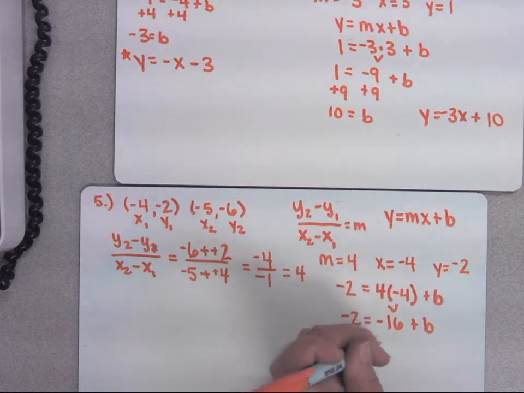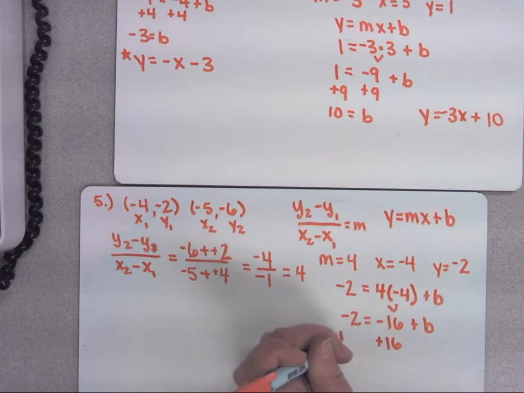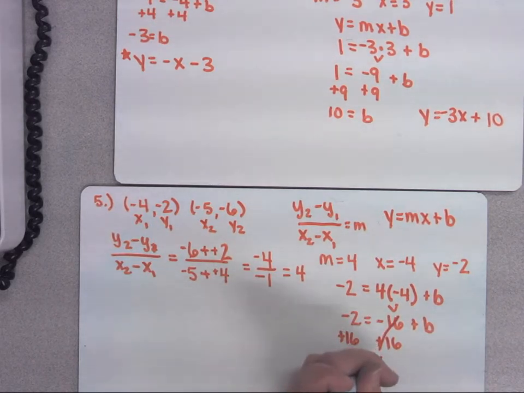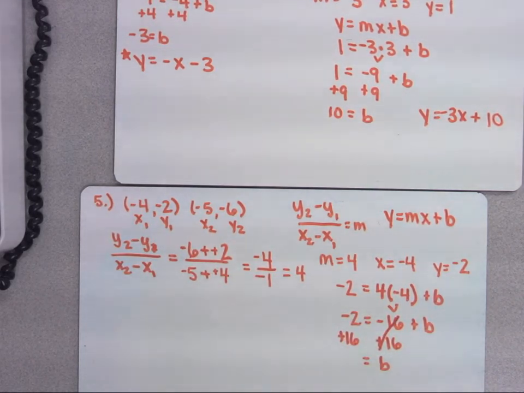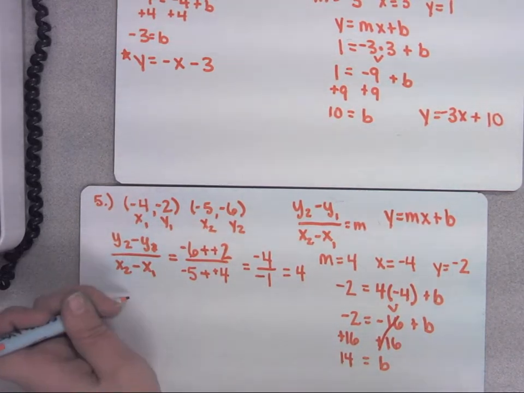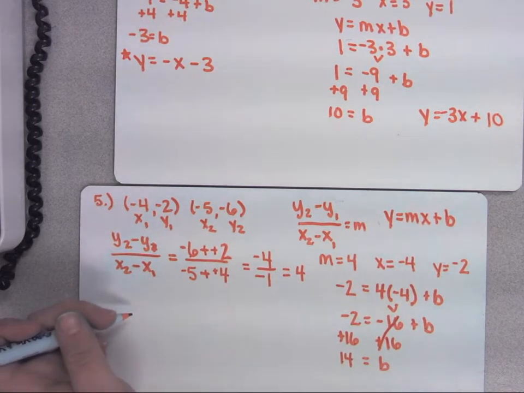Add 16. Nope, they're not. What is 16 and -2 added together? 14. Would anyone like to tell me my final answer equation this time?